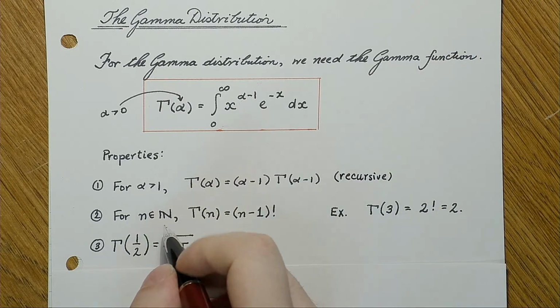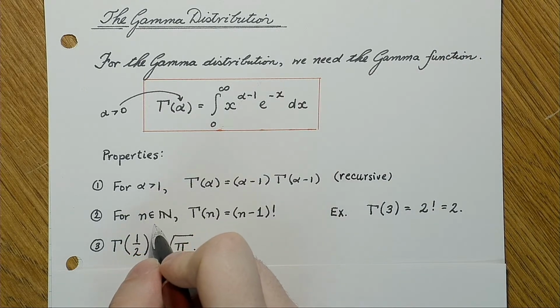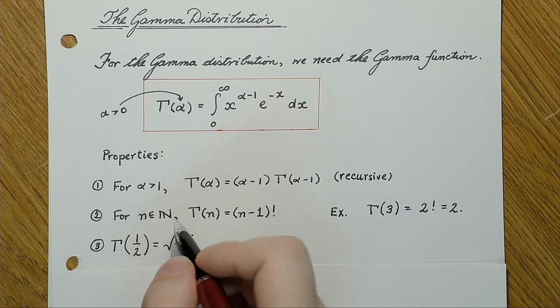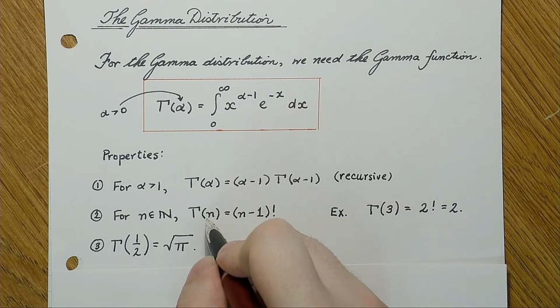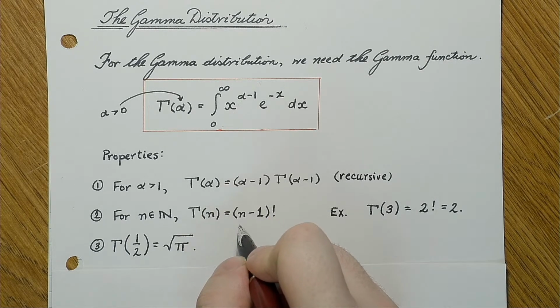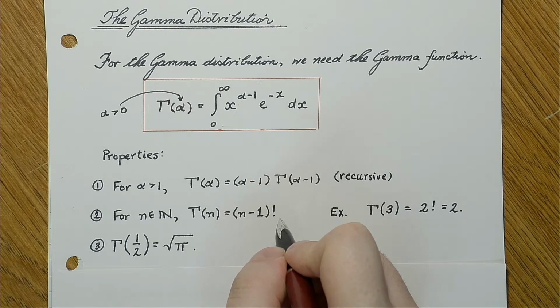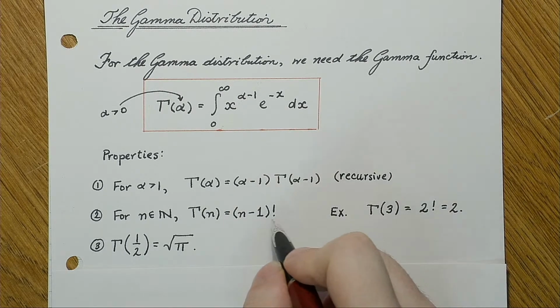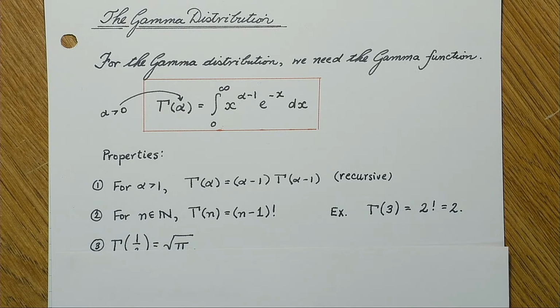The second one is that if n is a natural number, and again, natural meaning it's a counting number, 1, 2, 3, 4, then the gamma of a natural number equals n minus 1 factorial. And if you forgot what factorial was, for instance, 5 factorial is equal to 5 times 4 times 3 times 2 times 1.